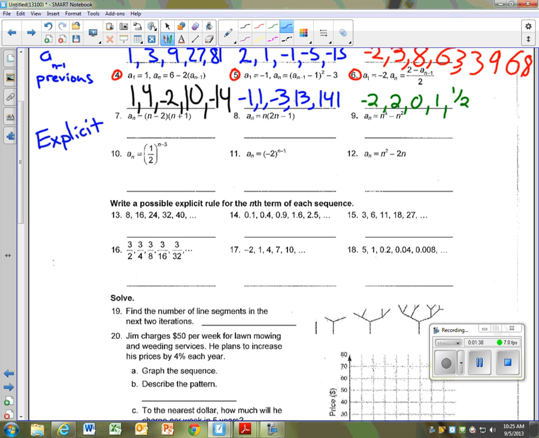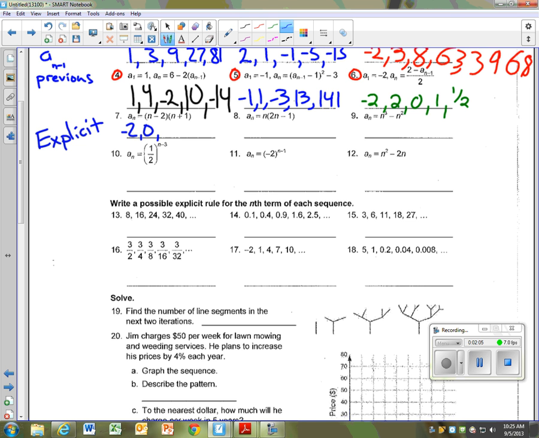Look at, we just plug in 1 for n. What's 1 minus 2? 1 plus 1. 2 times negative 1? Negative 2. I don't need to use that negative 2 anymore. The rule says if I want to generate a sub 2, I plug in 2 for n, which is 0.